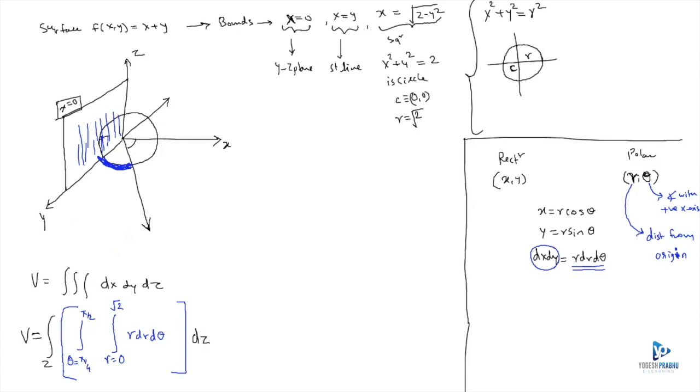YZ is this x equal to 0 plane, so nothing is going to be on this side. This is that plane x equals 0. It's all going to be on the other side. Now on this side, ahead of this plane, there is one 45-degree line in between the two. And then there is a pizza shape.